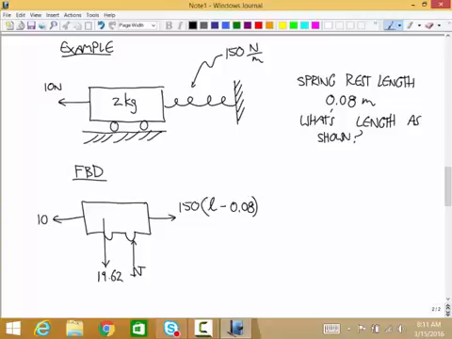If that length comes out to be less than 0.08, it means that this force would be going the other direction. But we're just always going to assume that it's pulling and just calculate if it goes the other way.